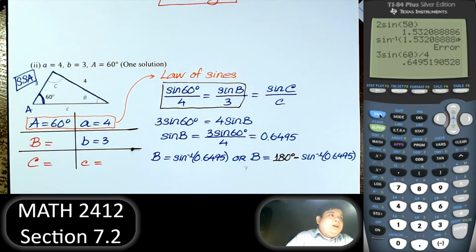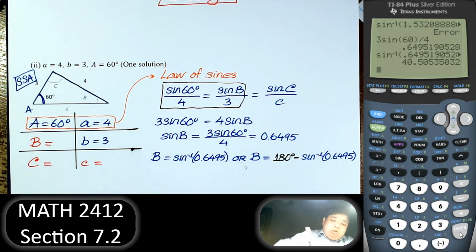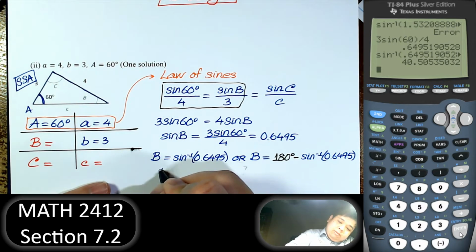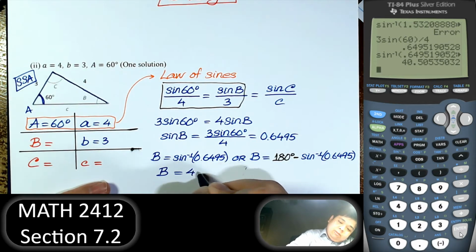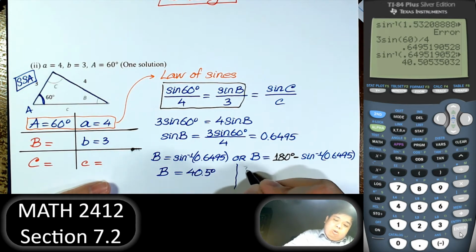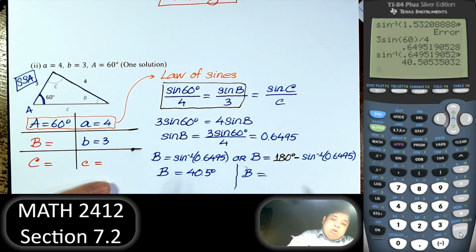Right, so we have sine inverse of that, 40.5 degrees. Or we might have B equal to 180 minus that.